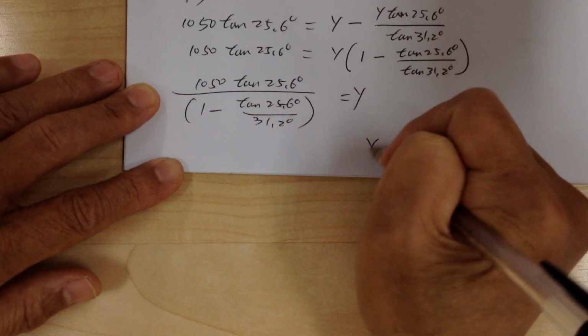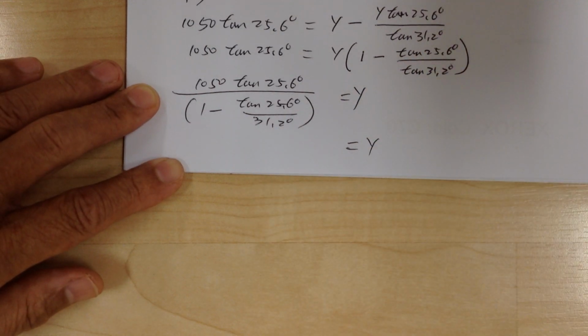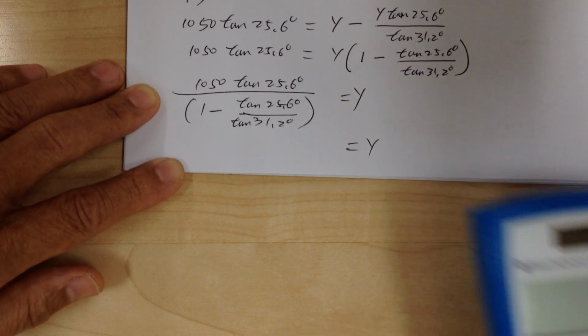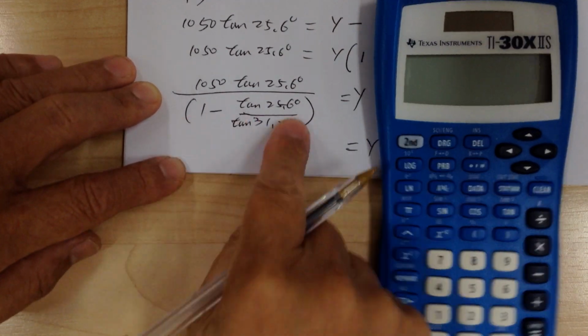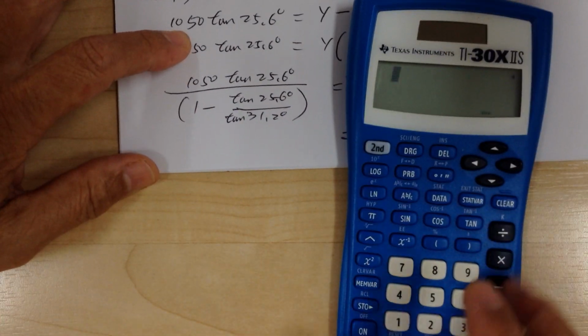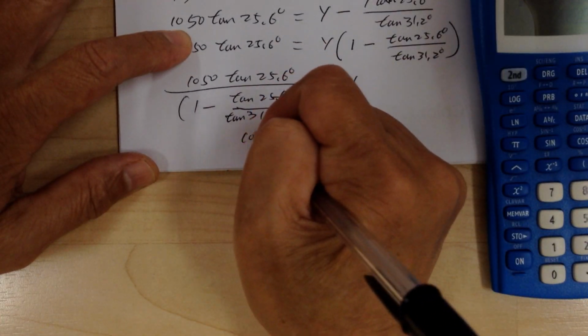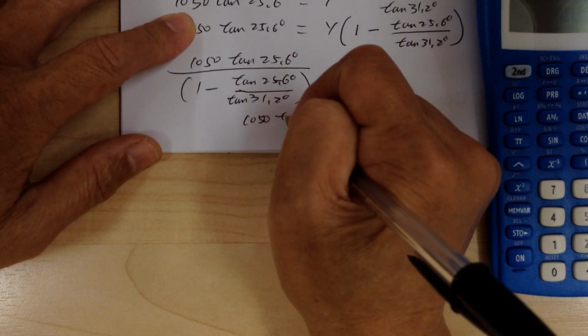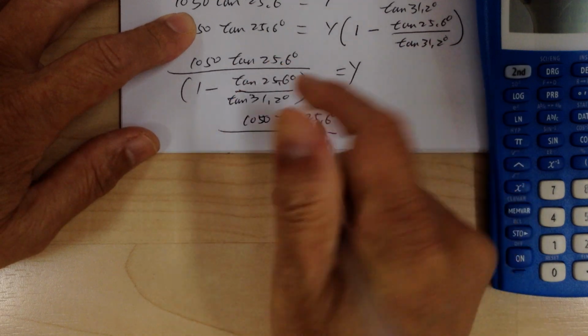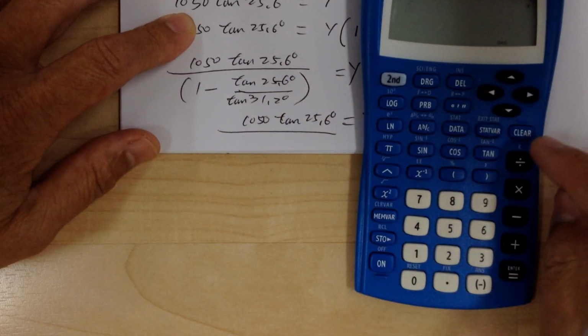Now you have to use your calculator to figure out this big mess. You can probably do the bottom first. Let's go and do that. So I got 1050 tangent of 25.6 degrees divided by, and I'm going to work out this bottom over here.